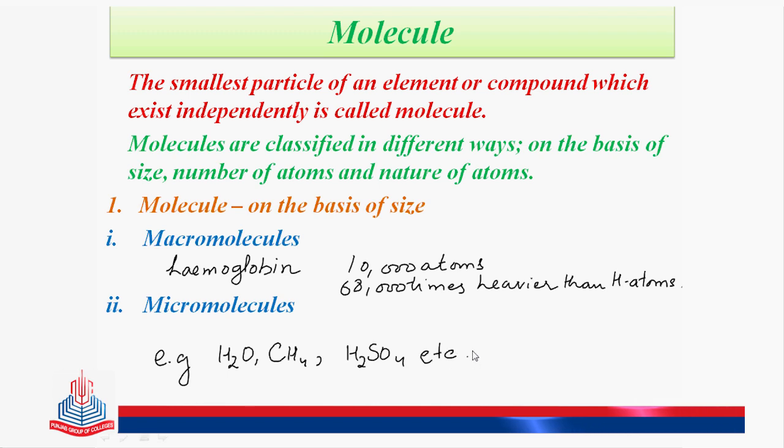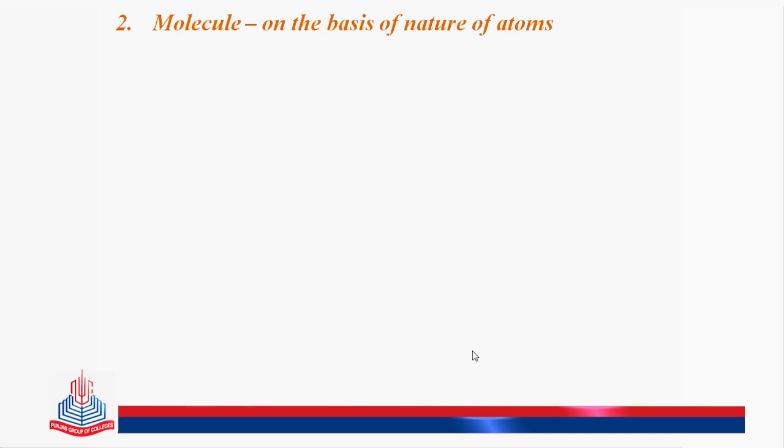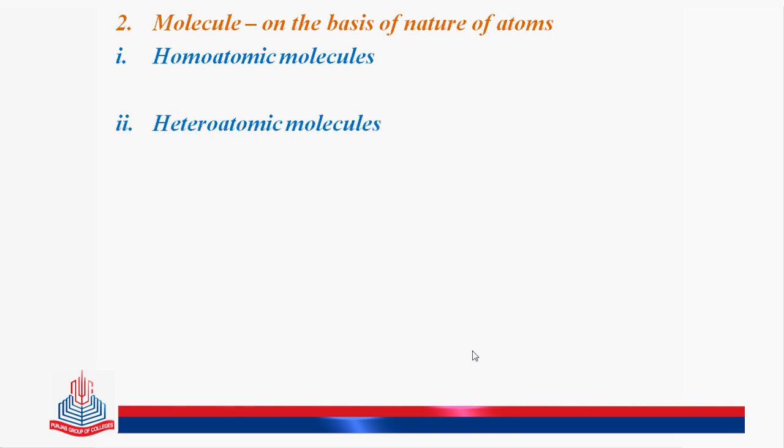Now we can also classify molecules on the basis of the nature of atoms present in them. It can be a homoatomic molecule or it can be a heteroatomic molecule. Homo means same and hetero means different. अगर हम बात करते हैं homoatomic molecule की तो हम कहते हैं these are the molecules which have the same type of atoms.